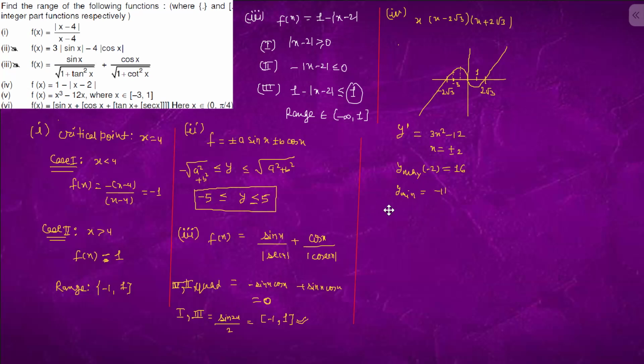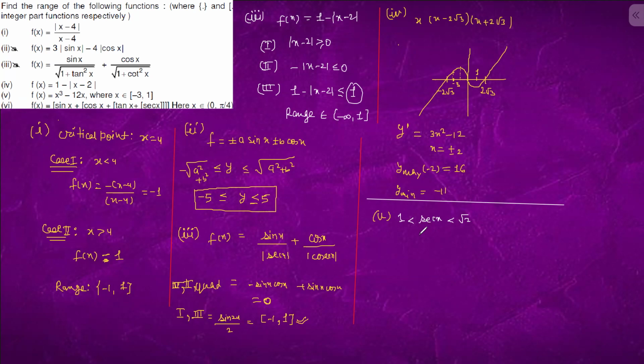We'll proceed with question number 5. Okay, let's proceed. Before that, we want to do something. So we have sec x between 0 to pi by 4. So sec x between 0 to pi by 4 is what? 1 to root 2.